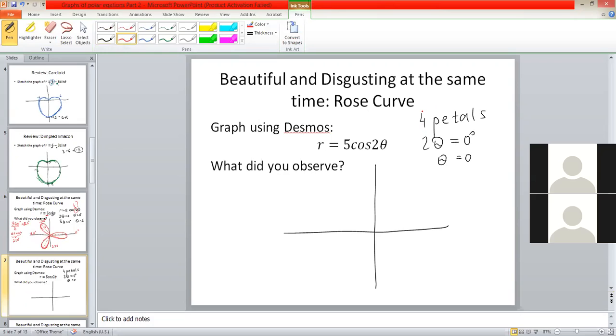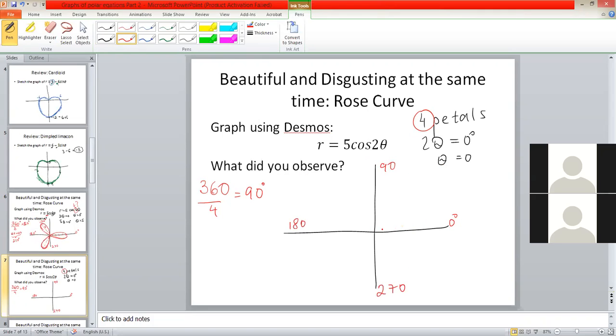And I know then, since there are 4 petals, I need to figure out the increments when the petals will happen. 360 over 4, 90. Oh, there you go. How convenient. So it will happen at 0 degrees, at 90, at 180, and at 270.